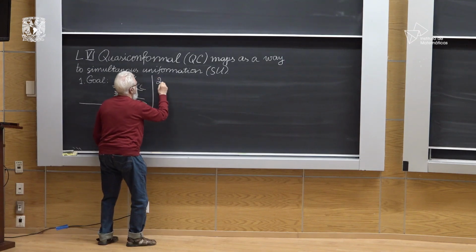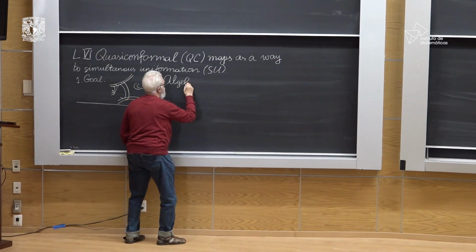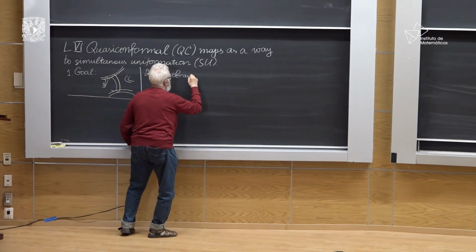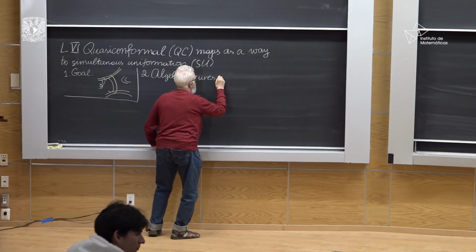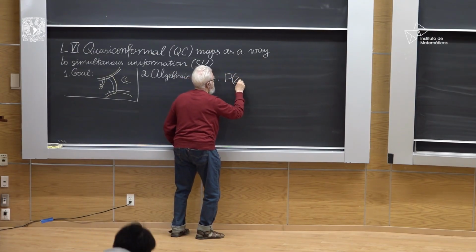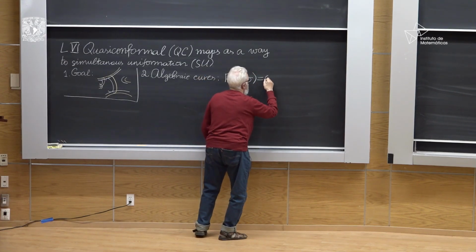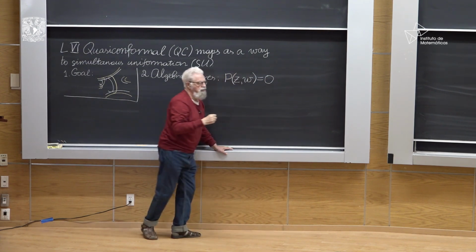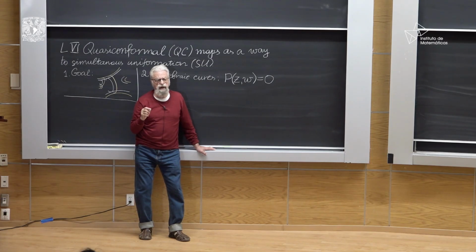I recall to you what algebraic curves are. These are zero sets. I define algebraic curves in a particular case, so-called affine algebraic curves in C-square.